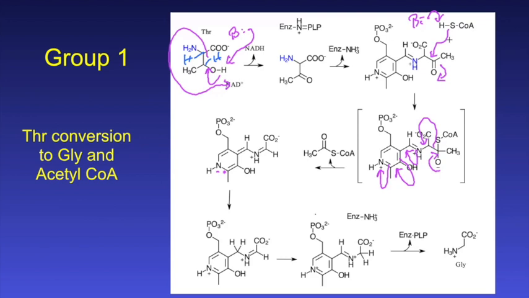All right, the CoA has come off. When you look at the original, you just knocked off this piece right here. The only thing you have left is an acid, this carbon, and that nitrogen. Well, here's that acid, there's that carbon, and there's that nitrogen.